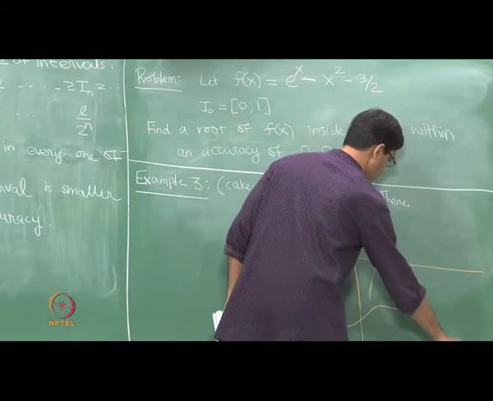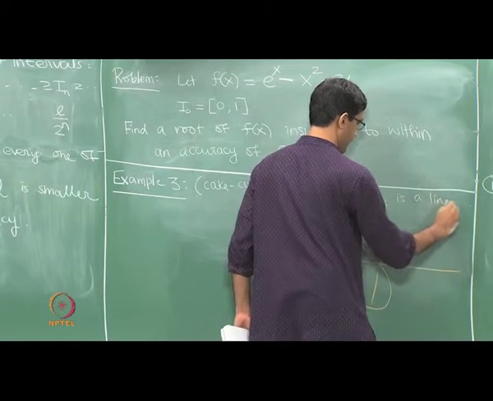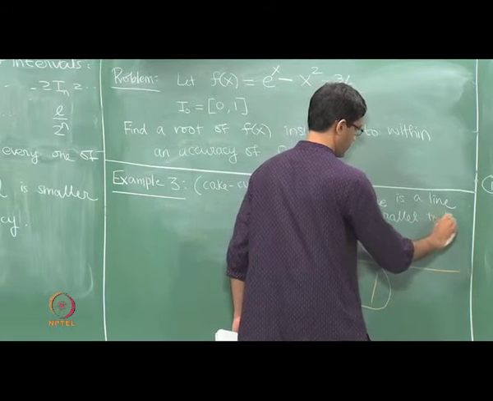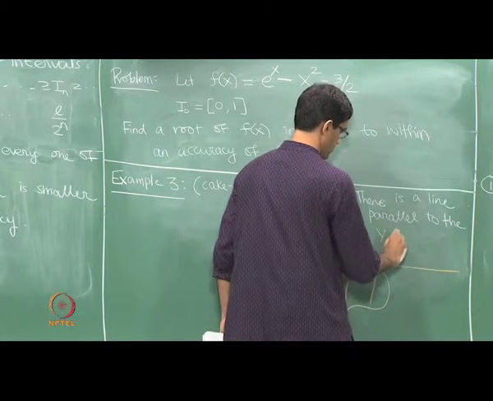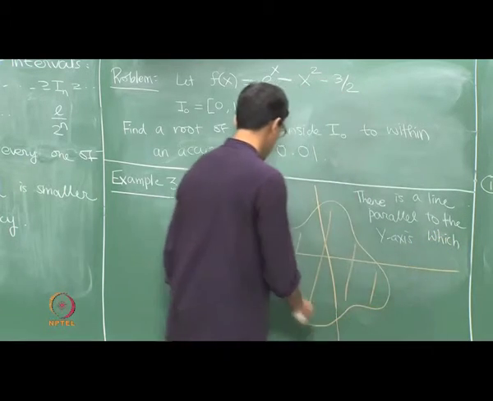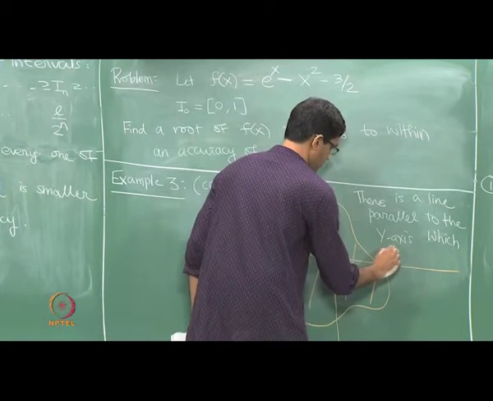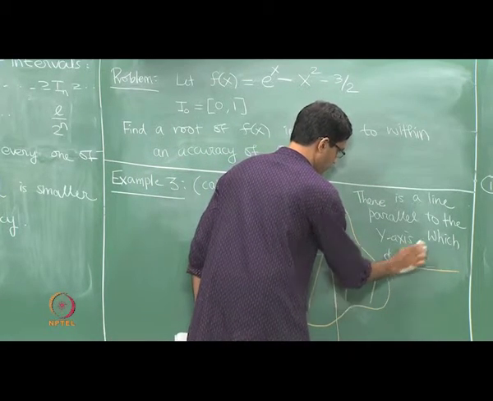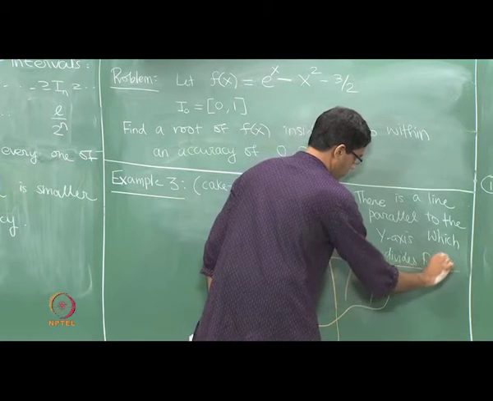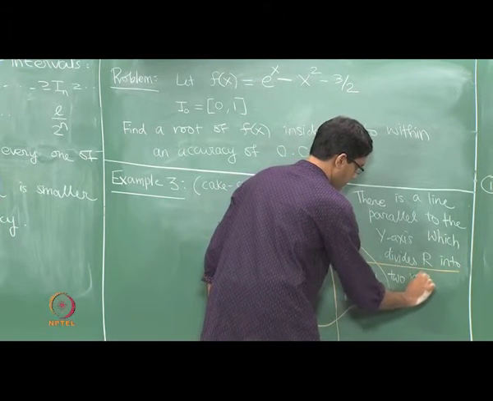There is a line parallel to the y axis which cuts this region, let us call this region R, which divides R into two regions of equal area.